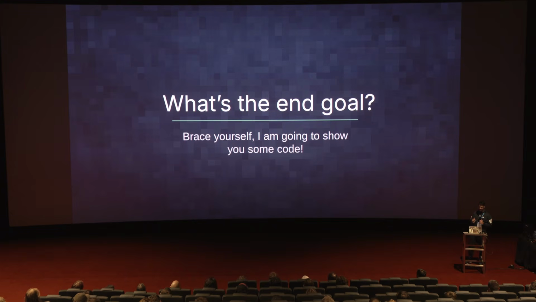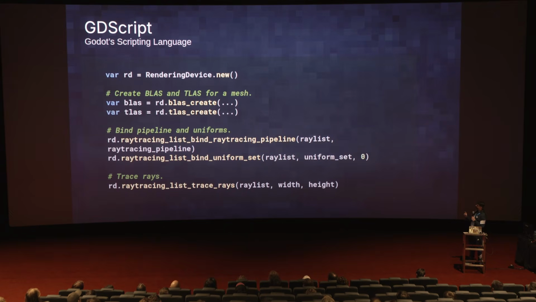So what is the end goal? Brace yourself. I'm going to show you some code. This is the end result. Imagine this is just a very simple idea of what the code should look like. If you're familiar with GDScript, you're familiar with the RenderingDevice object, you probably already used that at the very top. But these functions in yellow, these are new functions available to you.